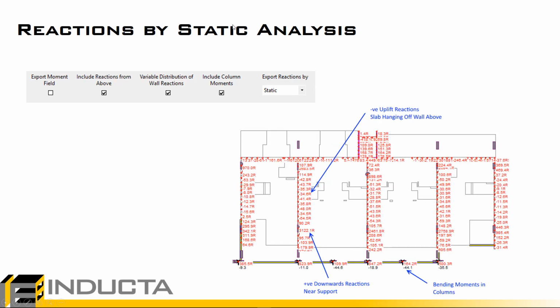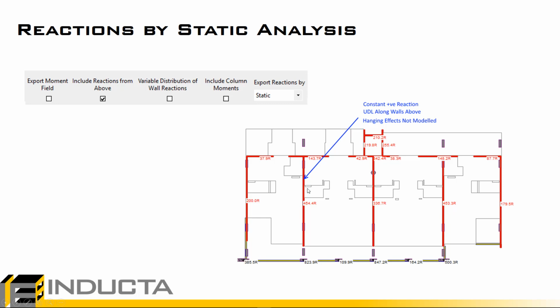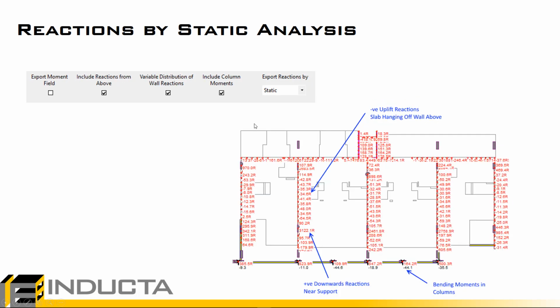So the next option we have is exporting reactions by static analysis, but switching on variable distribution of wall reactions. So what we see here is we have the same net total force in basically all of our columns and walls. However, now we're actually considering the true distribution of those reactions in the wall.